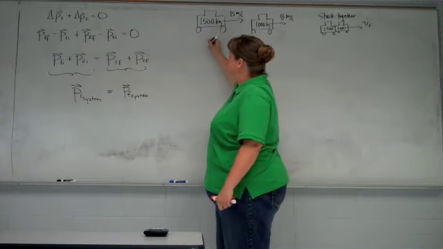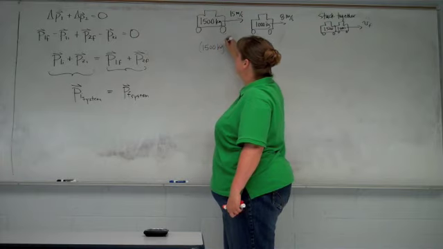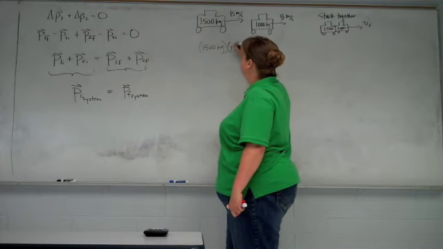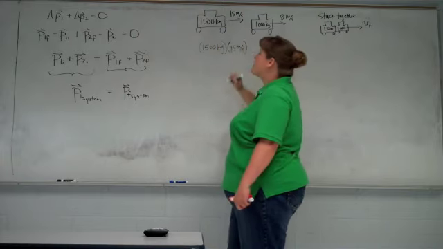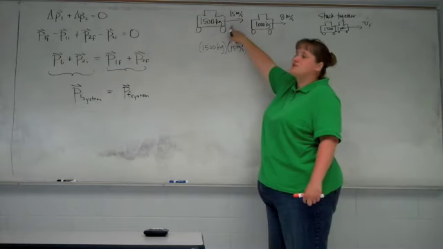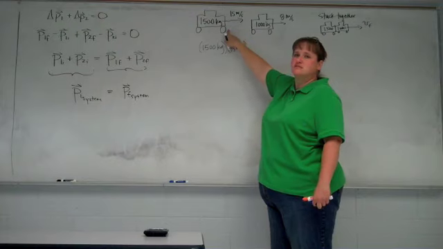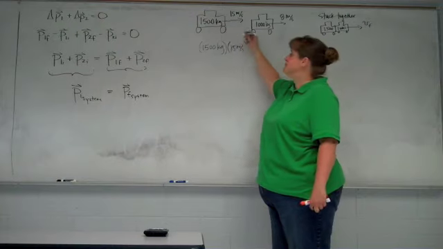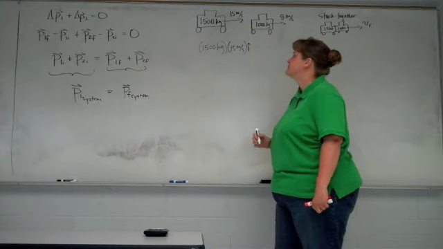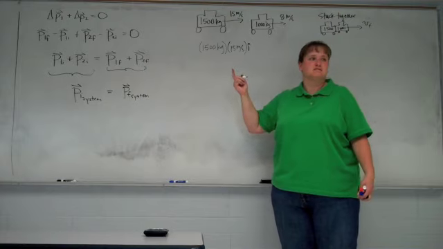Well, this car, its momentum, now momentum is a vector. So what direction is the momentum of car 1 in? To the right, positive i hat, the same direction as the velocity.